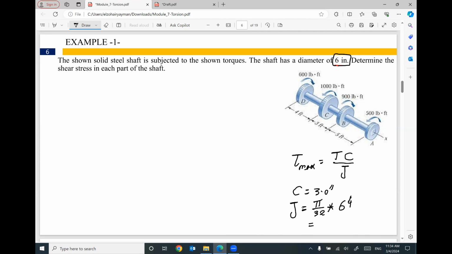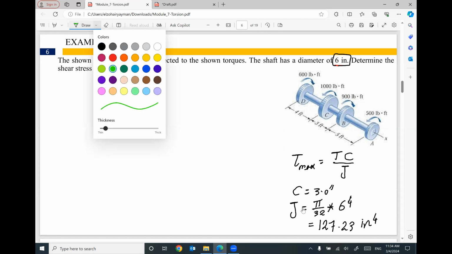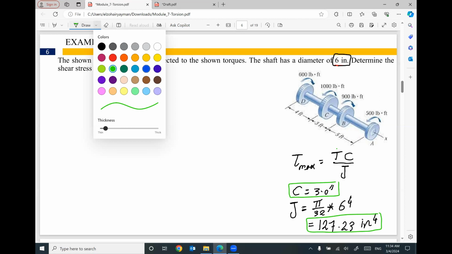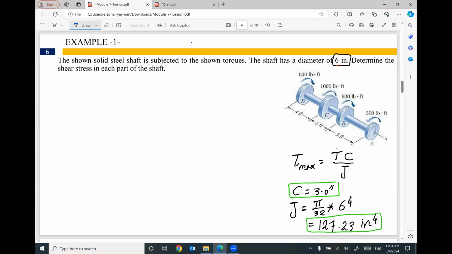It will be 127.23 inch to power 4. So I found two values in this expression, c and J. What is the value of capital T? We have to figure out each part alone.